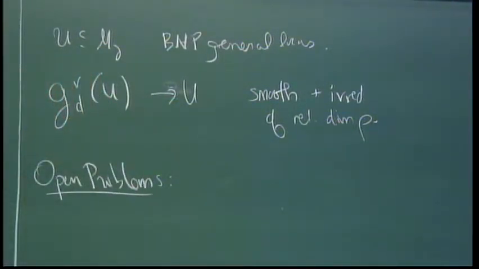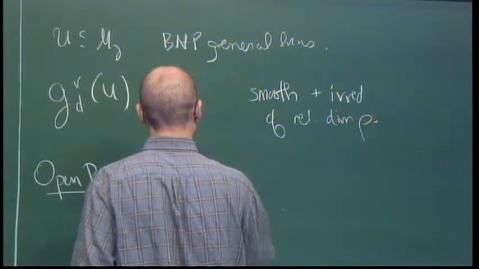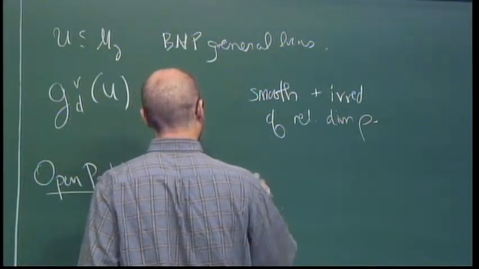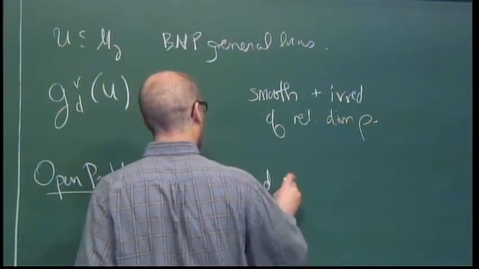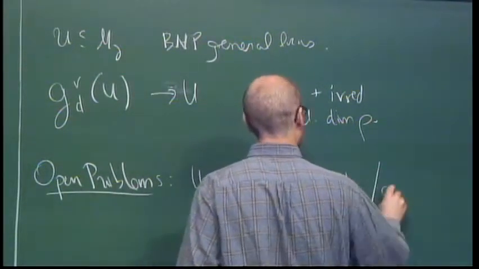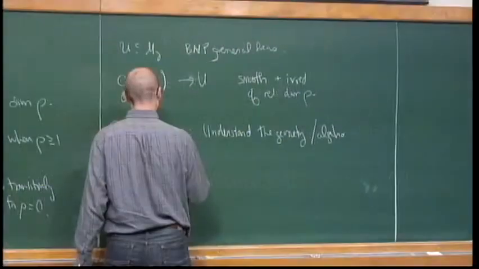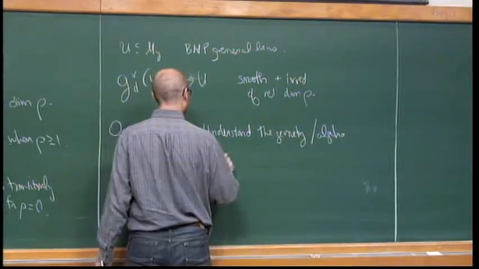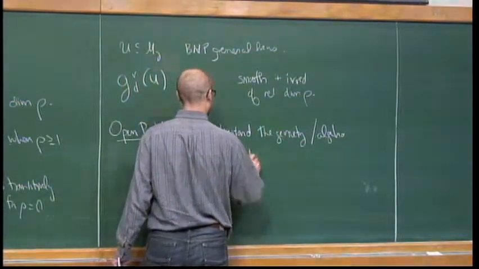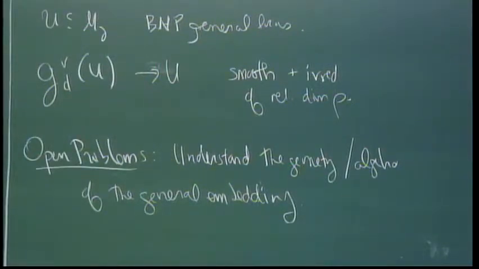And there's a number of open problems here, which are quite fundamental to the understanding of curves. And these have to do with understanding the geometry or the algebra of the general embedding. So what do I mean by that?